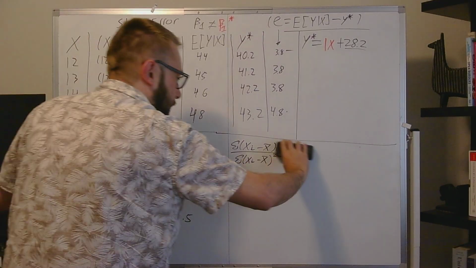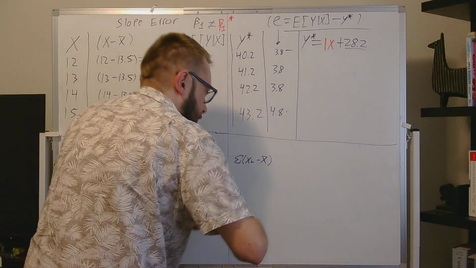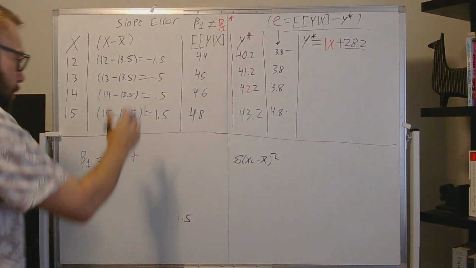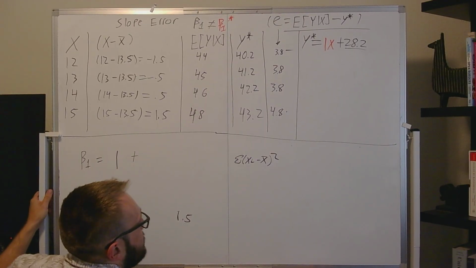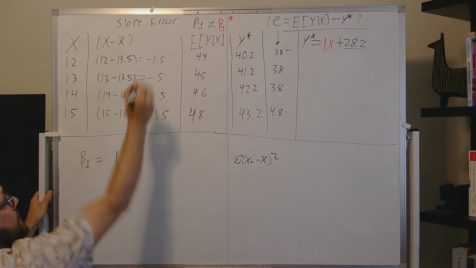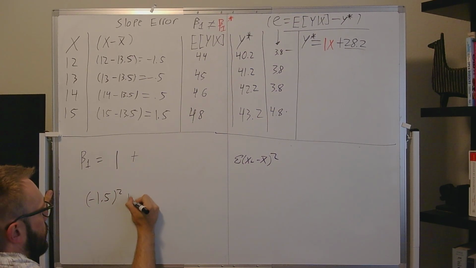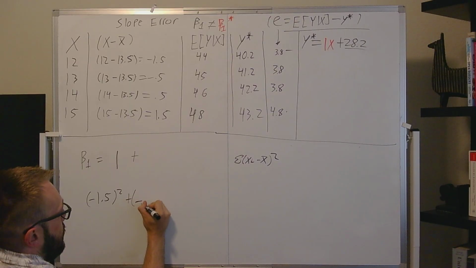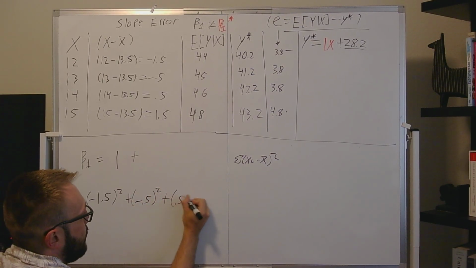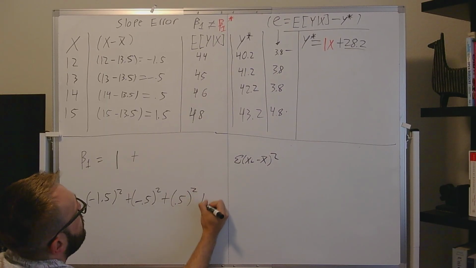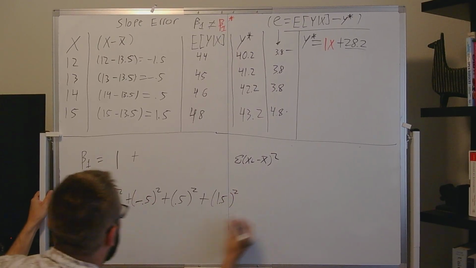Now we need to calculate just the variance of x. Real quick, I'll erase this so we've got the room. That's going to be negative 1.5 squared plus negative 0.5 squared plus 0.5 squared plus 1.5 squared.